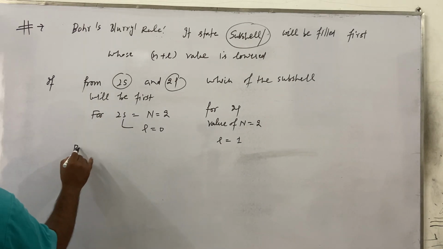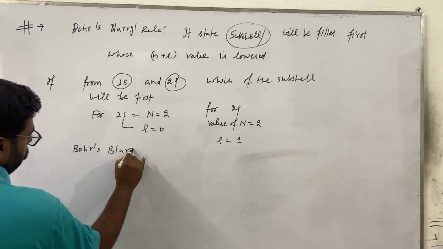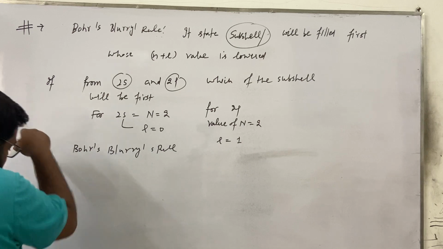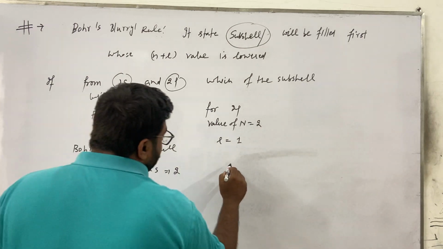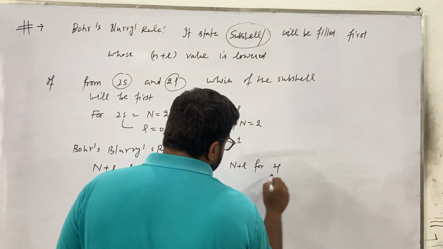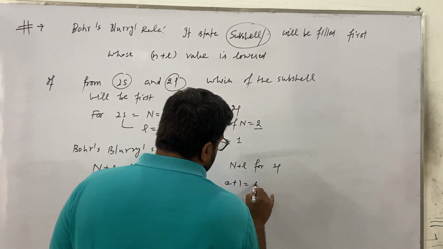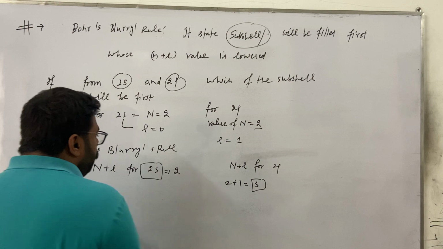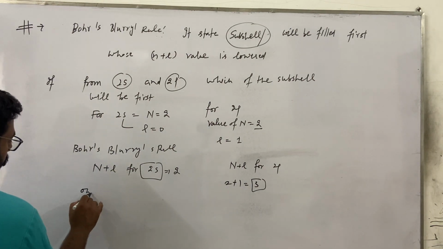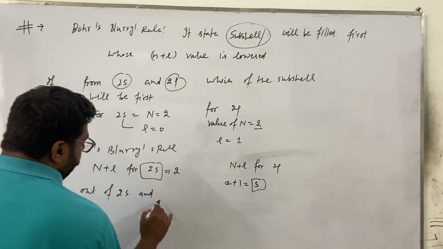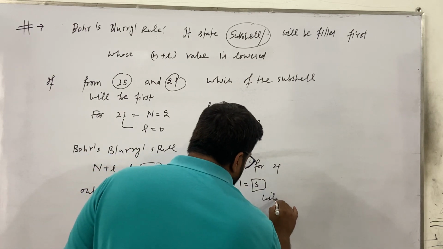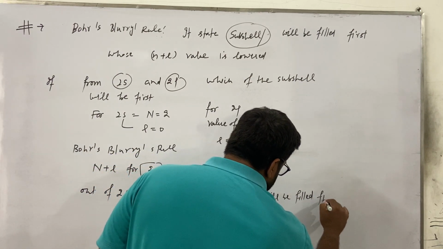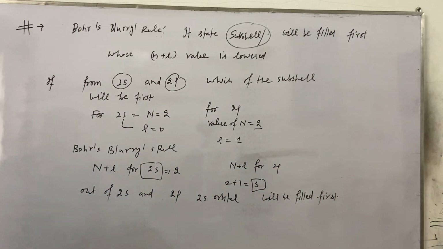So by Bohr's rule, n plus L for 2s is 2, and n plus L for 2p is 2 plus 1, which is 3. The n plus L value for 2s is lower, so out of 2s and 2p, the 2s orbital will be filled first.